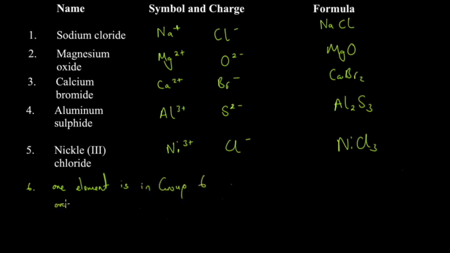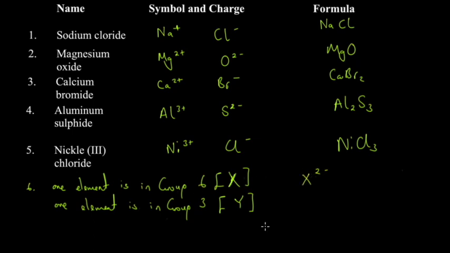Okay, one element is in group, let's say 3. So one element is in group 6, and let's call this element X, and the other Y, so that we can use symbols that don't conflict with the existing symbols in the periodic table. So you're supposed to know an element in group 6. It's what? It's 2 minus.